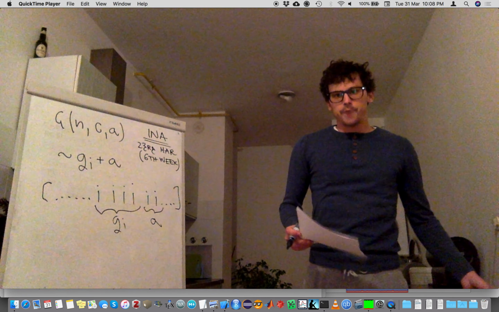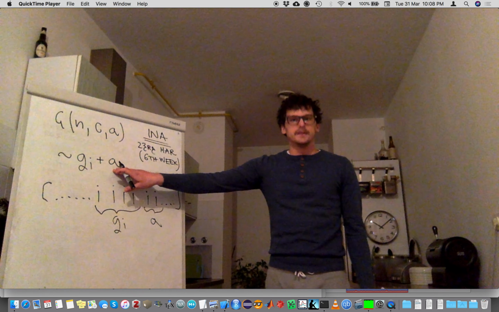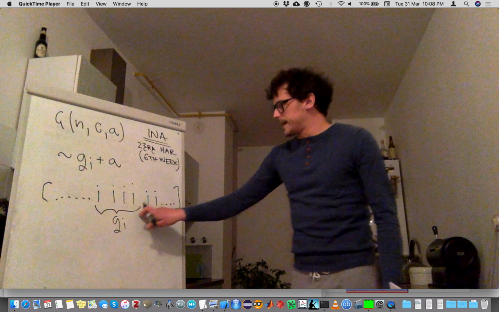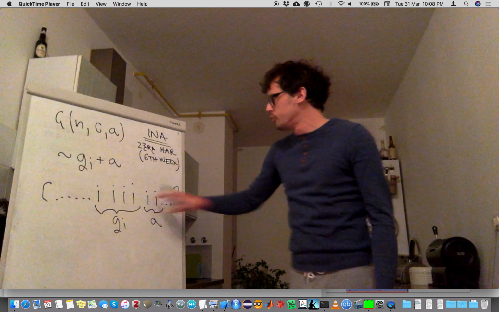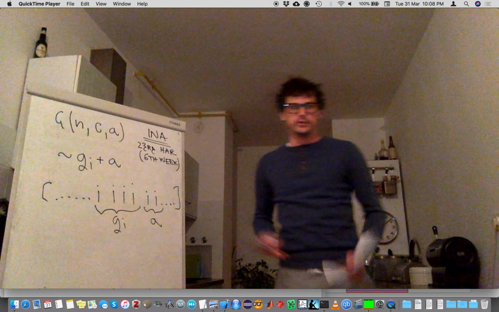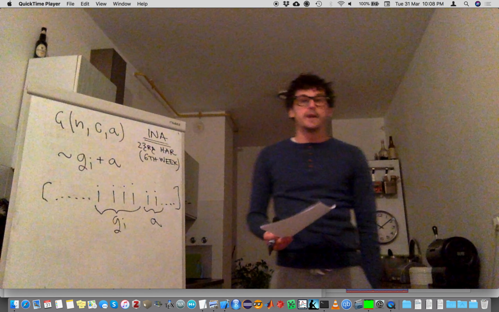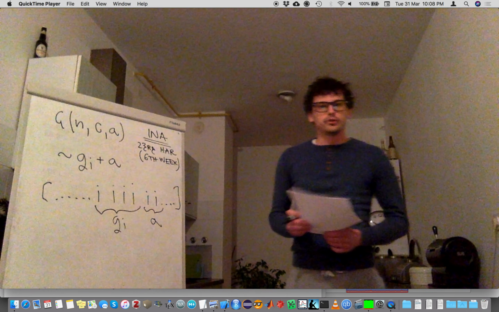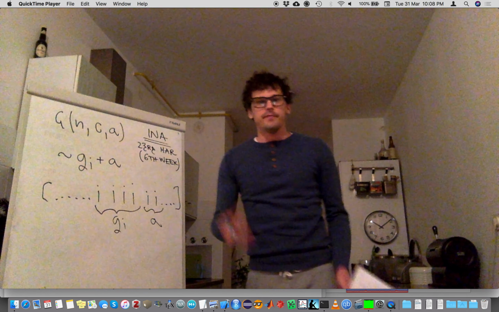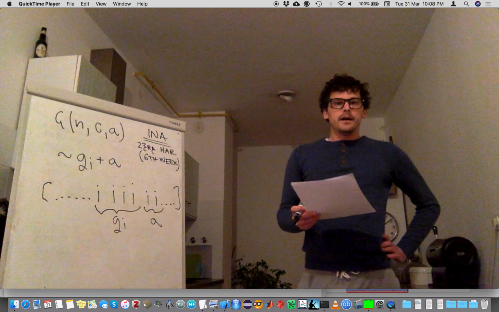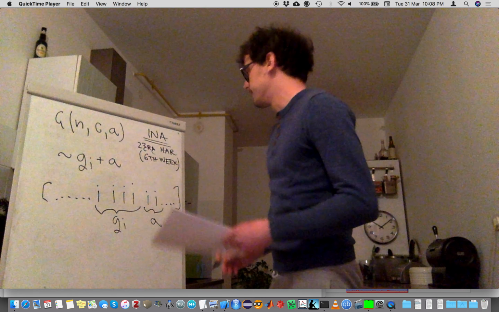The only problem with this reasoning is that so far we are assuming that a is an integer. Let's set a to 2, so that we can actually put two indices i into this list. However, in general, a will not be an integer, it will be a real number, and we would also like to generate networks where we can set a to whatever positive number. Now, how to do that? It's actually a very, very simple trick.